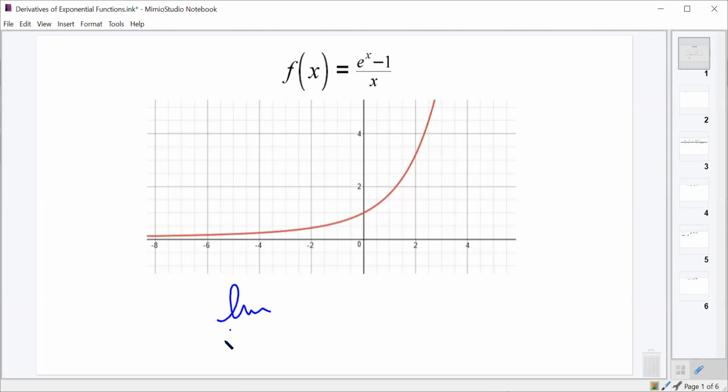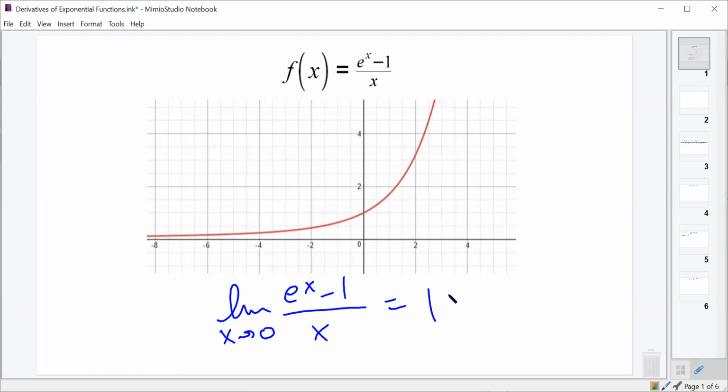We're just going to use this result later on today, so that's the only reason we're talking about this specific one. What does it look like the limit as x approaches 0 of e to the x minus 1 over x is? Looks like 1. Looks like 1, and I can guarantee you with certainty that it is 1.